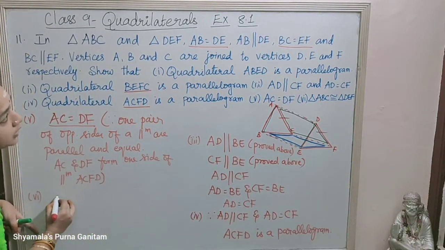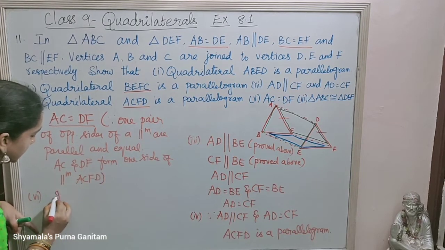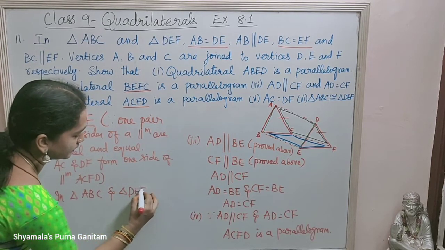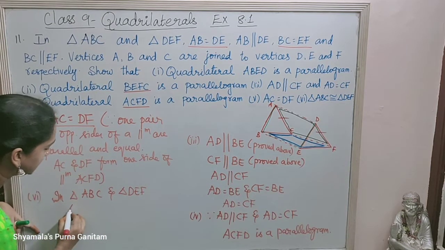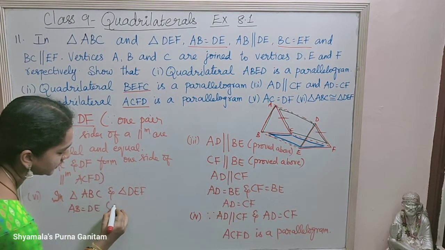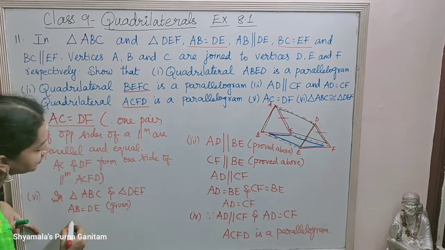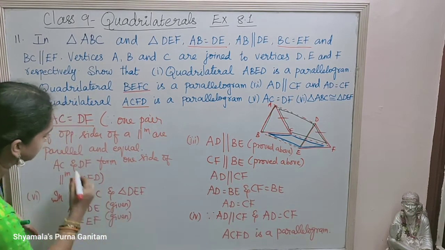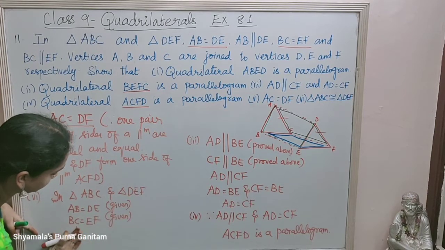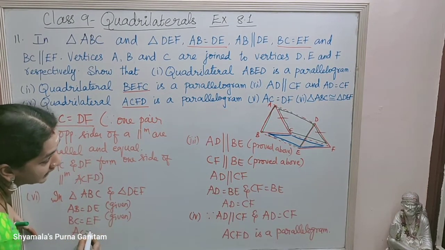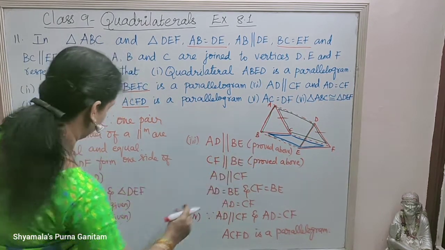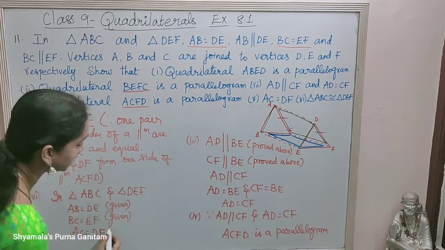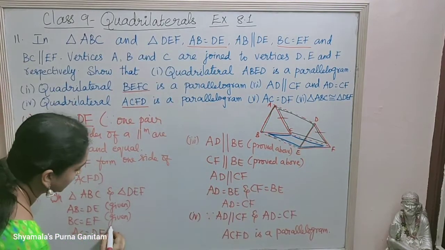Okay. So in triangle ABC and triangle DEF, AB is equal to DE, that is given in the question, and BC is equal to EF, that is also given in the question, and AC is equal to DF, proved above.